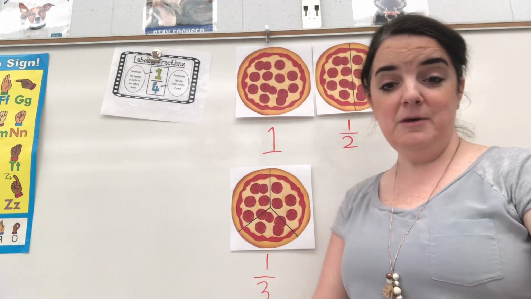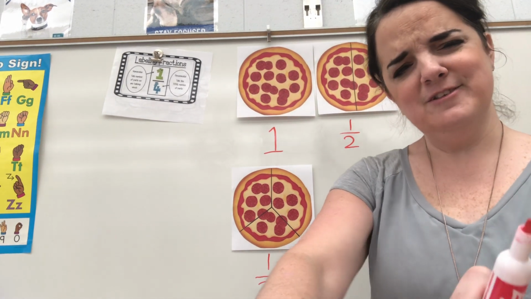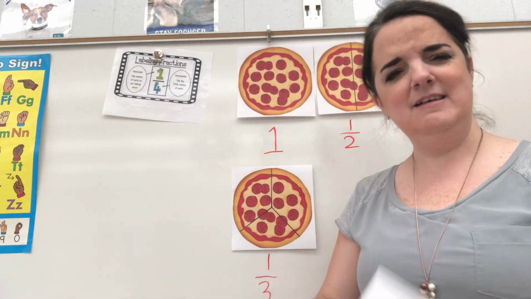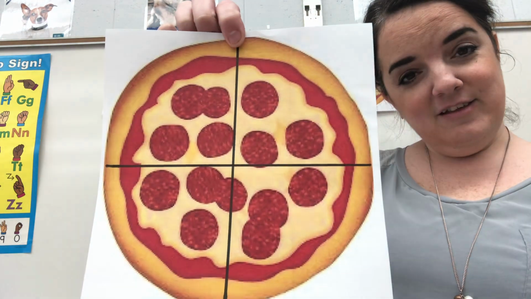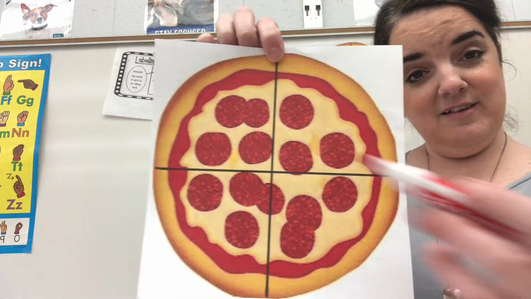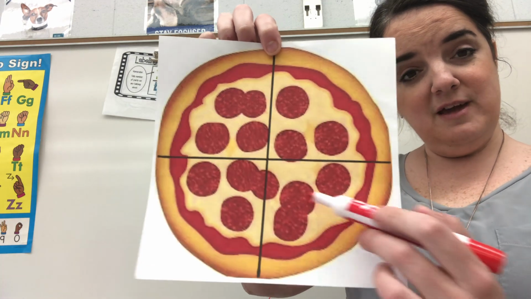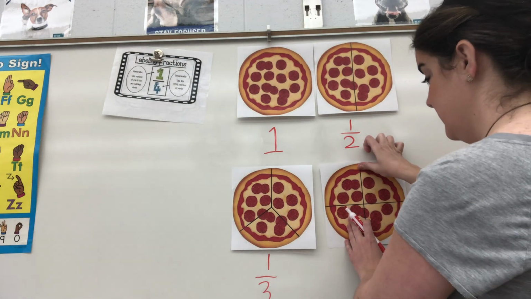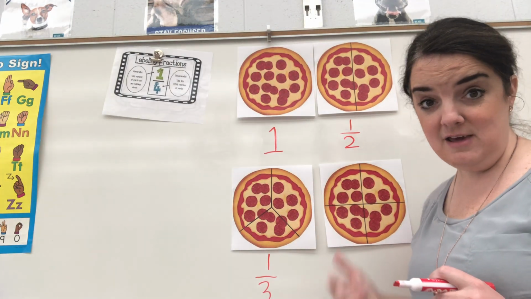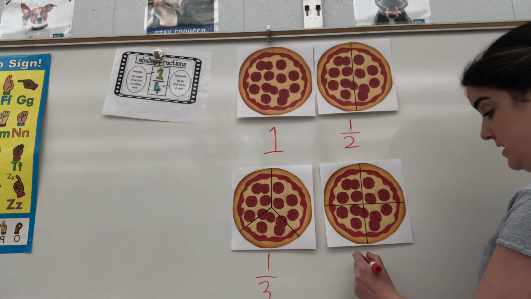And then the last picture of the pizza I'm going to show you. I know, so sad, the last pizza. This pizza here is cut into how many pieces? It's cut into 1, 2, 3, 4. So let me put it up on the board here. Can you guess what my fraction would be for this pizza? 1/4.